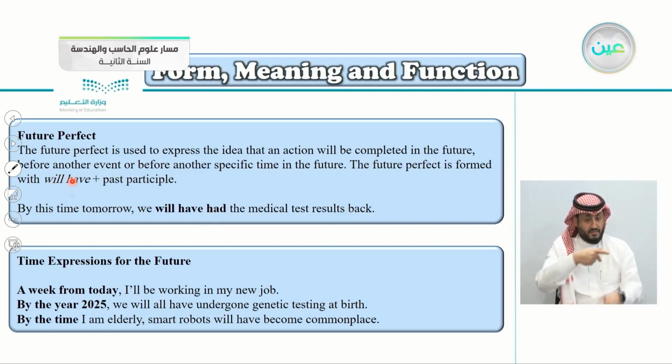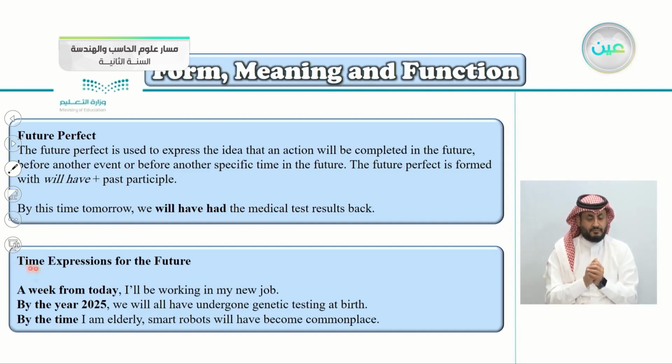We will have had the medical test results back. So here, by this time tomorrow, for example, the afternoon tomorrow, the afternoon won't come tomorrow. If the afternoon comes, then we will have the medical results back. So we're talking about two things. By this time tomorrow, we will have had the medical test results back.